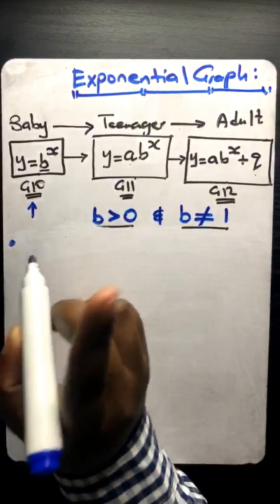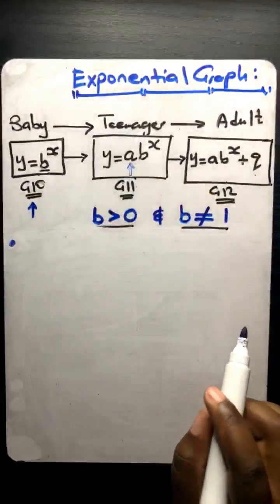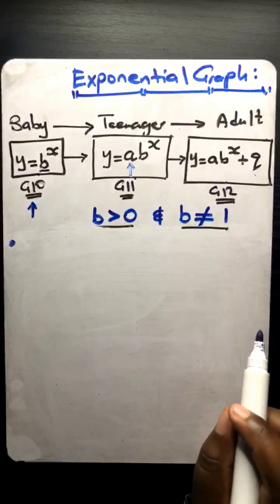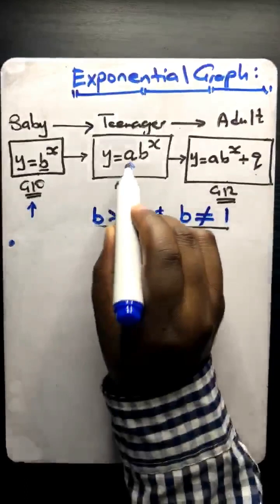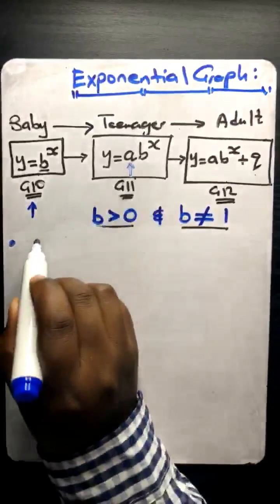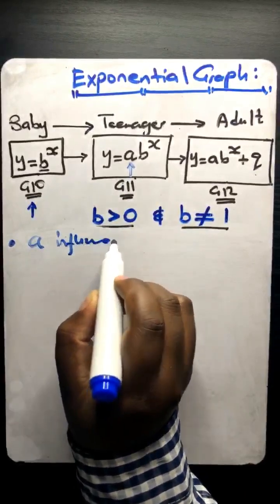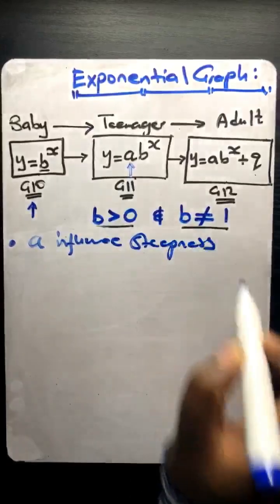Let's talk about that A value. Bullet number 3 actually jumps to Q, but let's talk about that A value. This A value only influences the steepness. That's all the A value does.